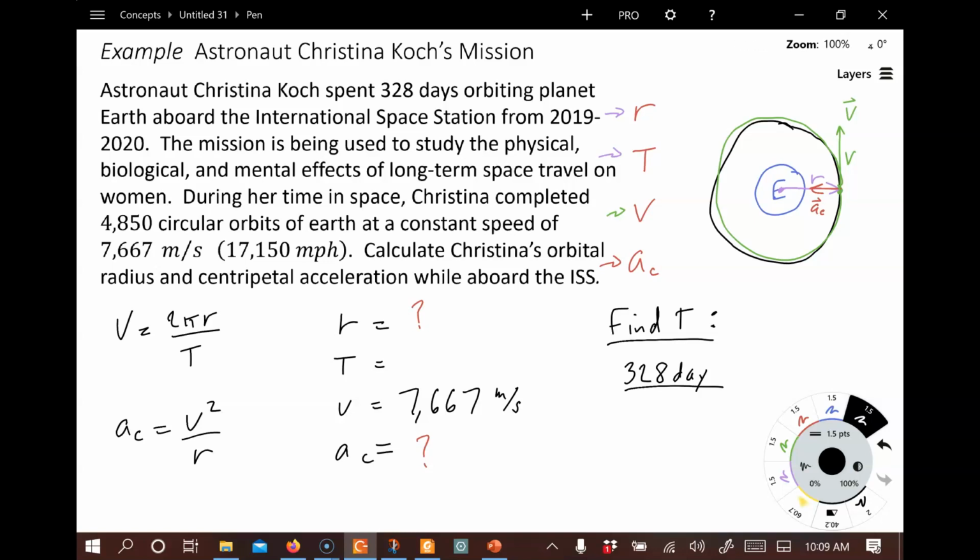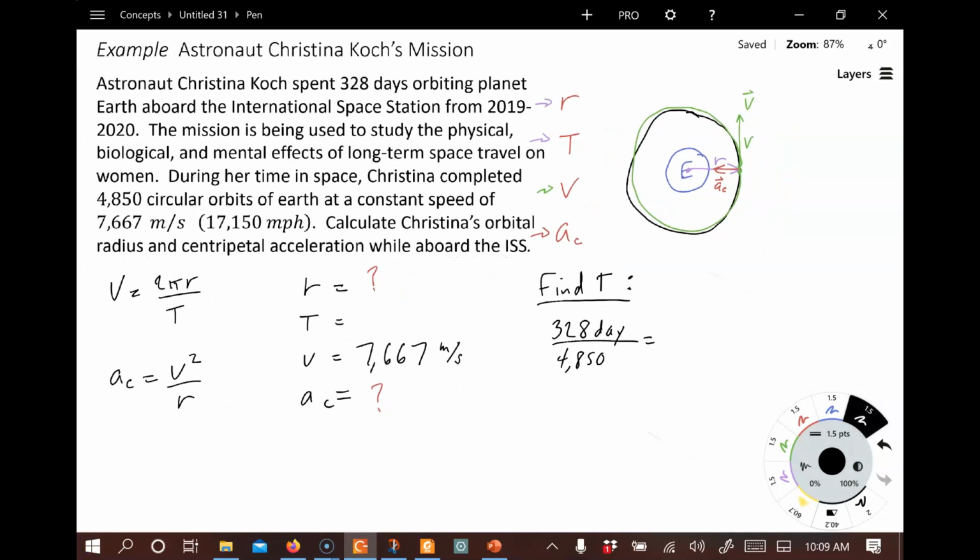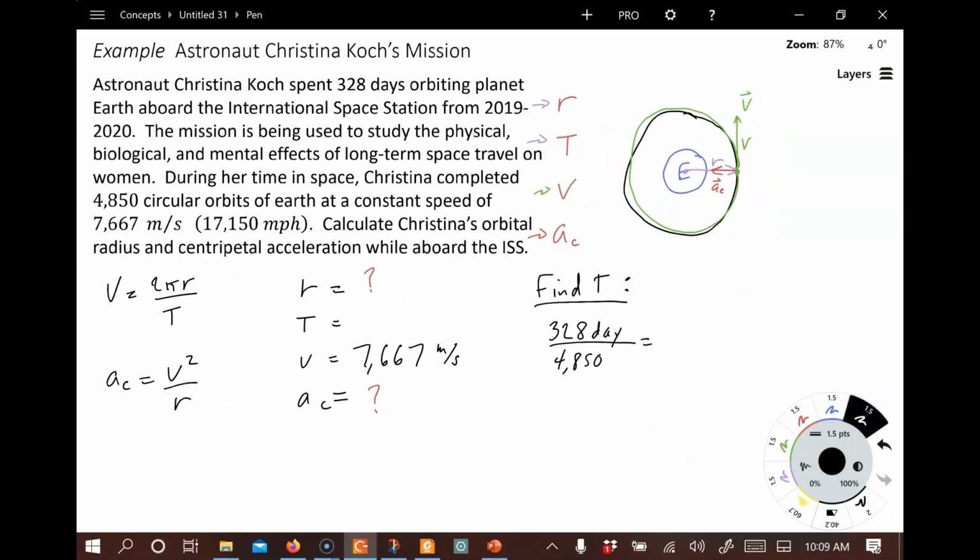If we divide that by 4,850 orbits, we'll get the time in days that it takes to make just one circular orbit. Putting that in the calculator, we end up with 0.0676 days. And that's one orbit.